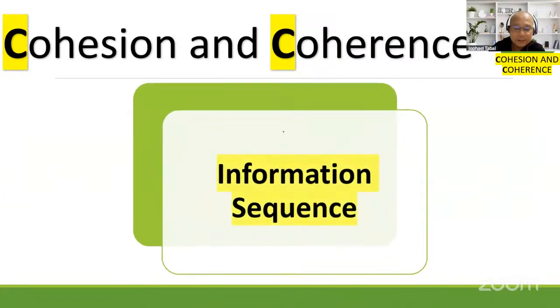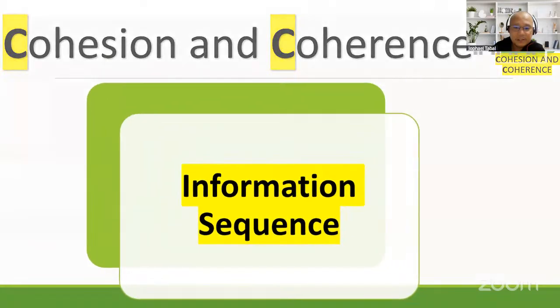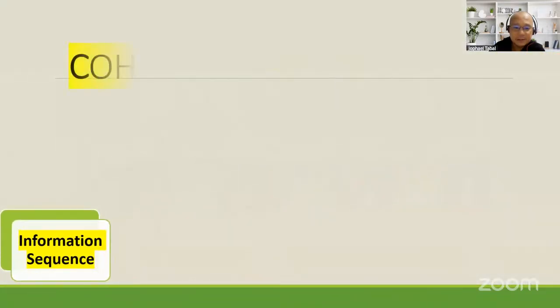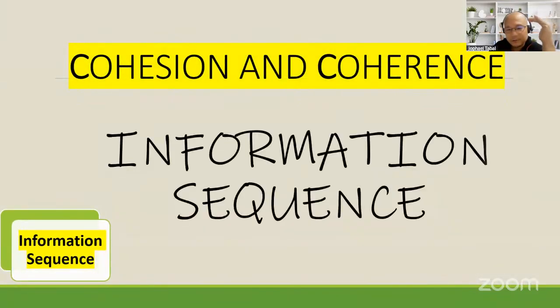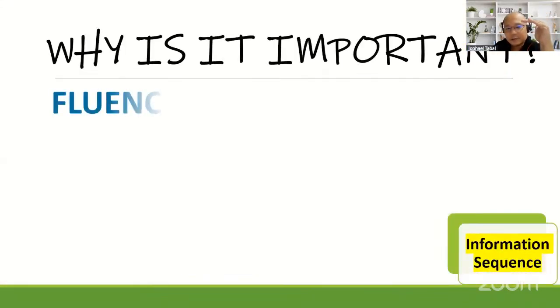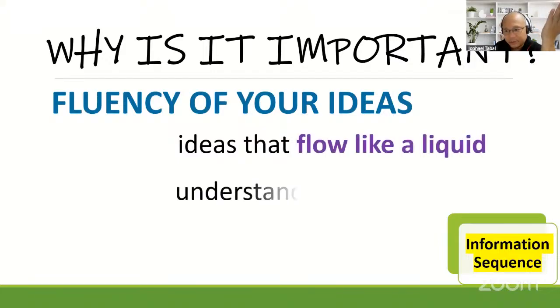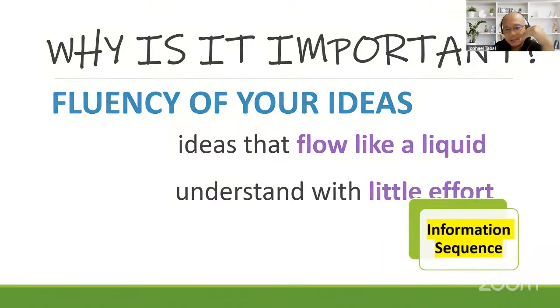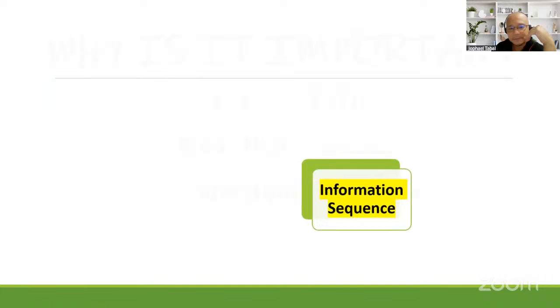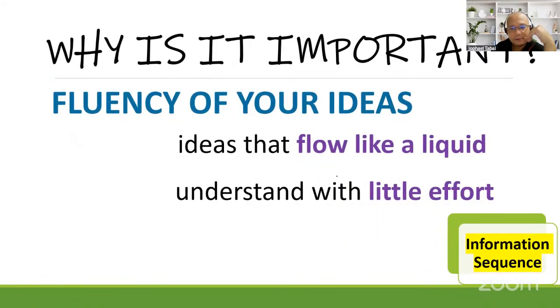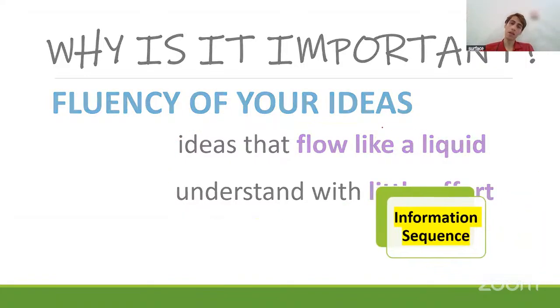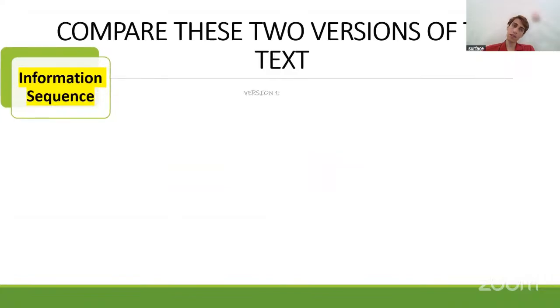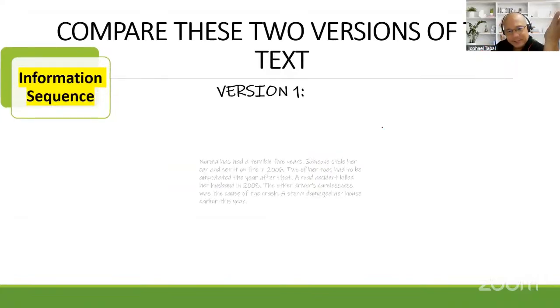This information sequence is the sequence of the ideas. So you give your reason, and then you explain that, and your explanation should be coming from the reason you first stated, and then your next explanation should be related to the previous explanation. The main goal of this information sequence is ideas that flow like a liquid and are understood with little effort, all right?